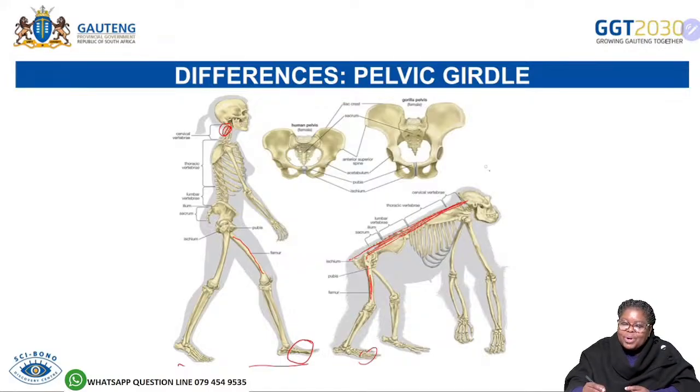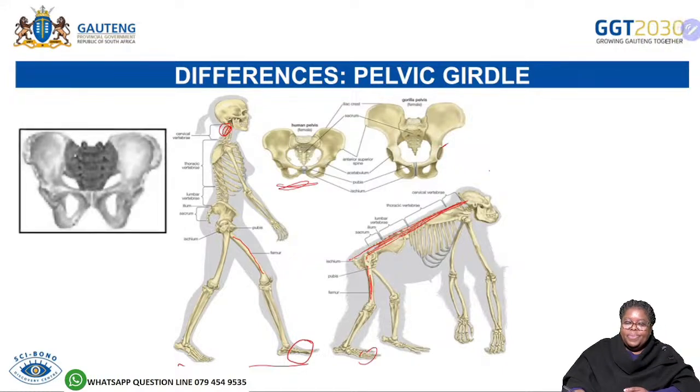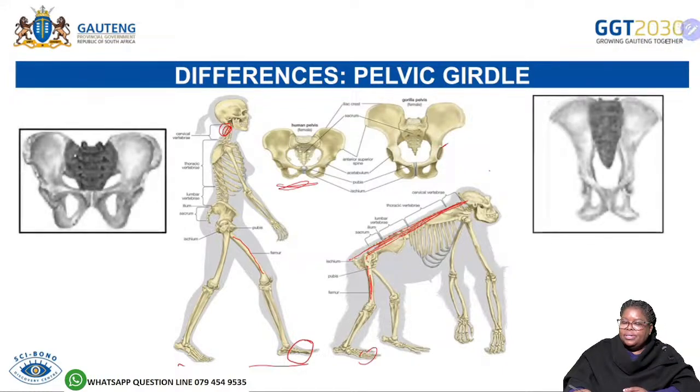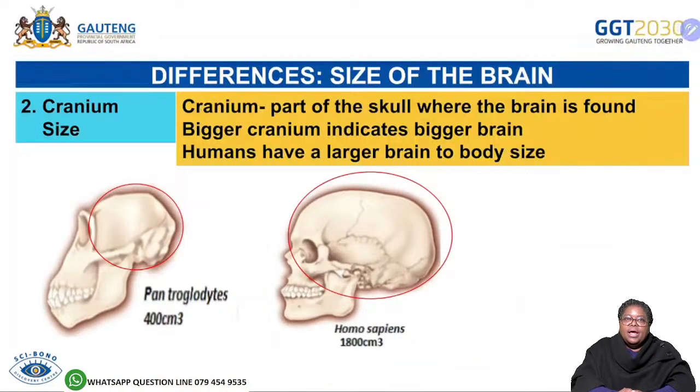For the other primates, the pelvic girdle is long and narrow. This one is short and wide. Can you see that? You can compare the two there. That's how they differ, right? Let's look at the size of the brain.